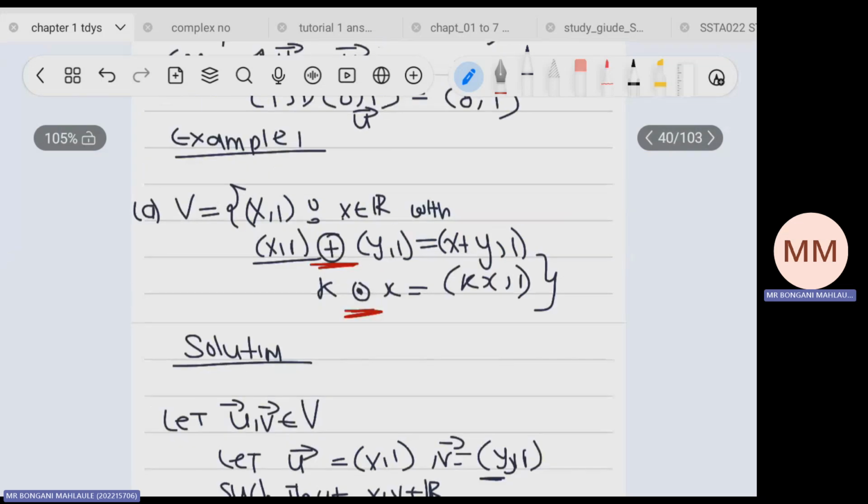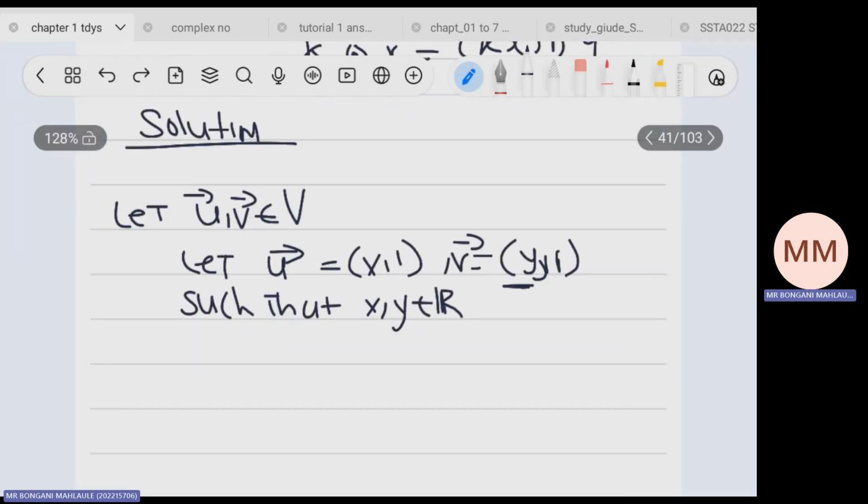That's how the operation is defined. X is an element of real numbers. Also, y therefore must be an element of real numbers.